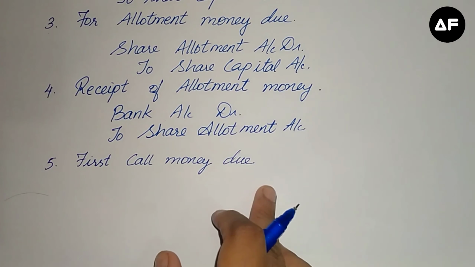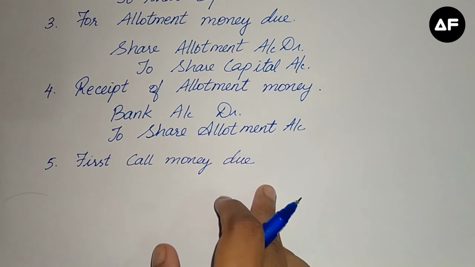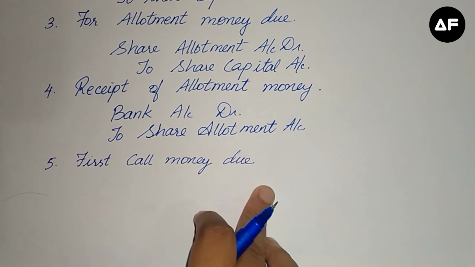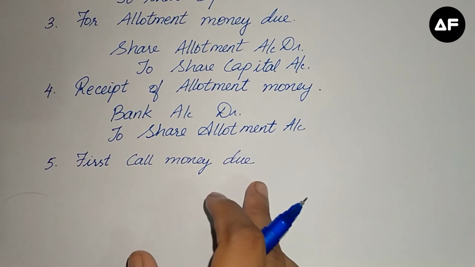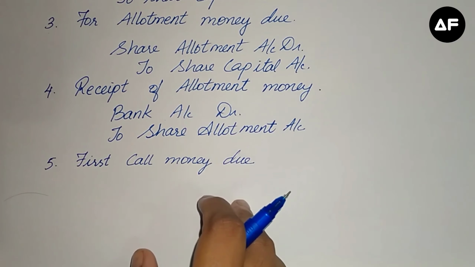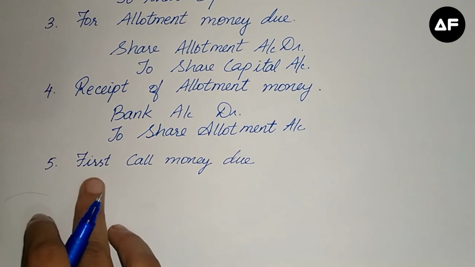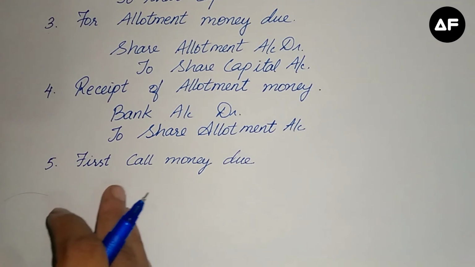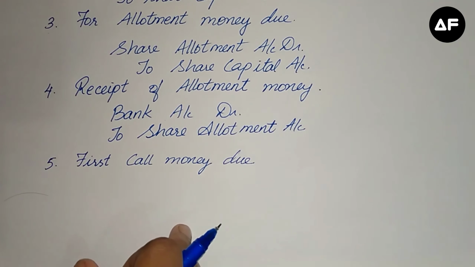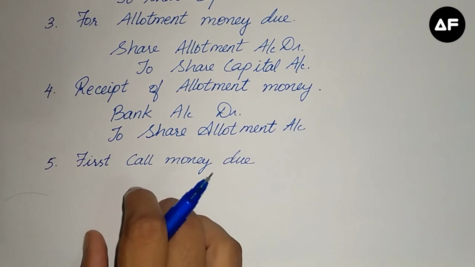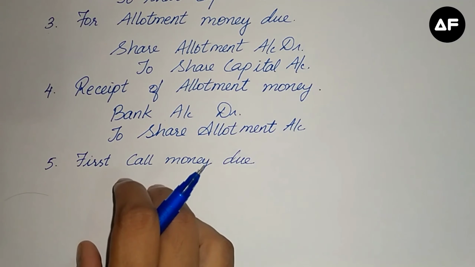First call money due, that is, you have got the seat, you have paid for the allotment in the college, and now you are going to college regularly, and next you have to pay your semester fees for your education. So the first call money, or the first semester fees, will be collected from you. So for that, the first semester fees will be due for the college, that is, they will call you to pay the semester fees.